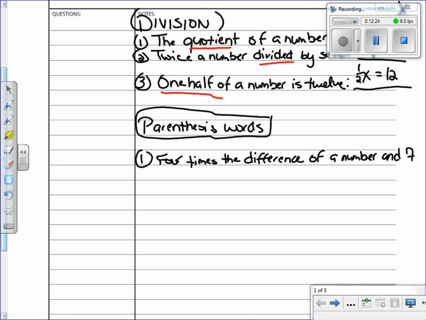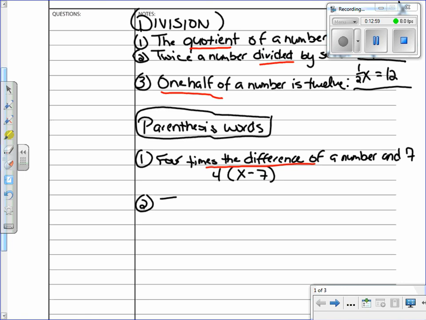So this translates to 4 times, but the difference of a number and 7. The difference of a number and 7 would be x minus 7. So the only way we can multiply that 4 by everything is if we put the x minus 7 in parentheses. So if you have the difference of in the middle of the translation, then you're going to have to use parentheses.